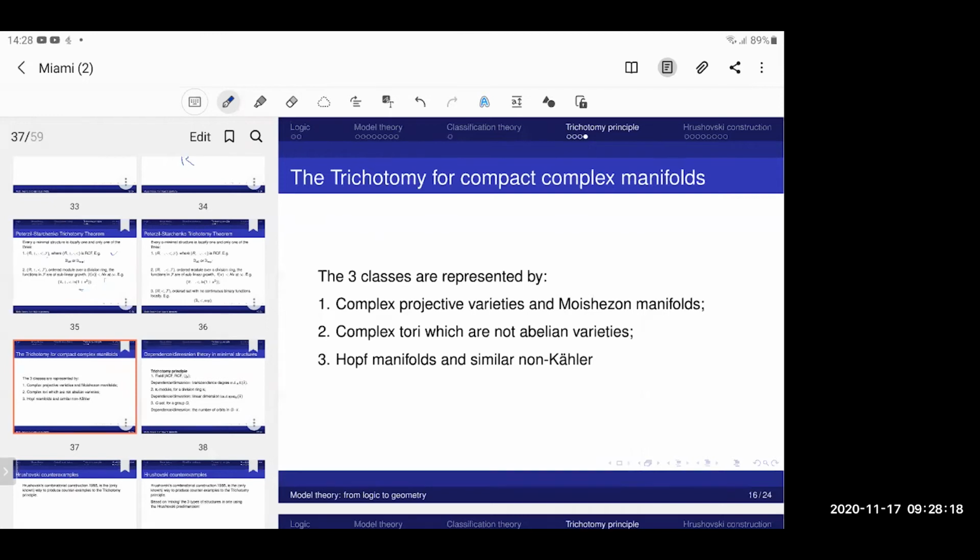Probably yes, but I don't know if this is a theorem. It's probably open questions here, which of course are questions in the classification of compact complex manifolds.